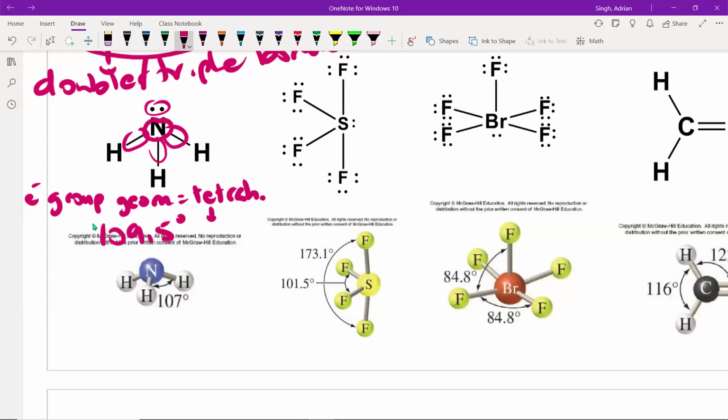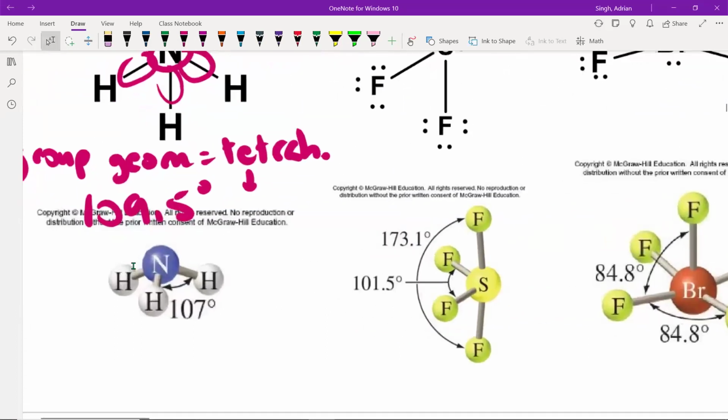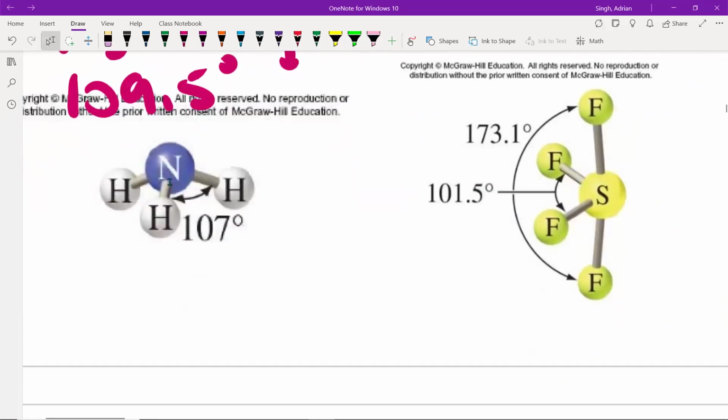That's the ideal bond angle. However, in the case of ammonia, the bond angle between one NH bond and another NH bond is not 109.5. It is actually less than that. It's 107, so this is less than the ideal bond angle.